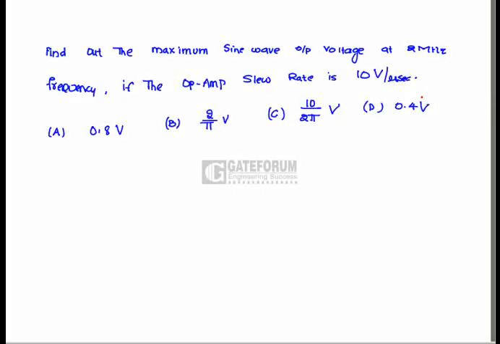We have to find out the maximum sine wave output voltage possible at the output of an op-amp having a slew rate of 10 volts per microsecond. Assume the output of the op-amp V0 equals V sin omega t. The slew rate is defined as dV0 by dt.